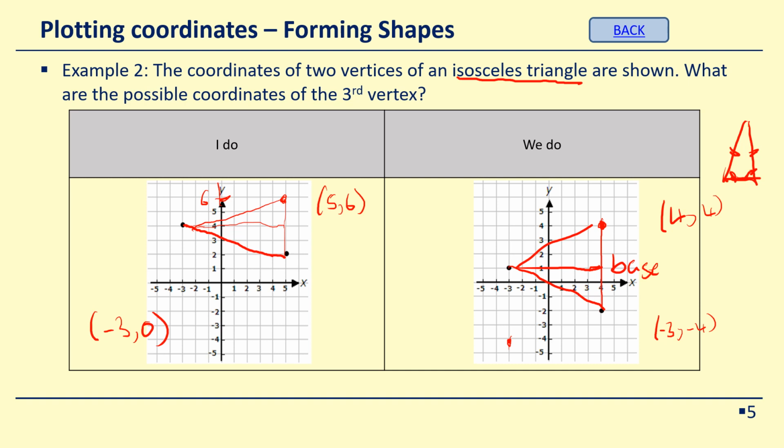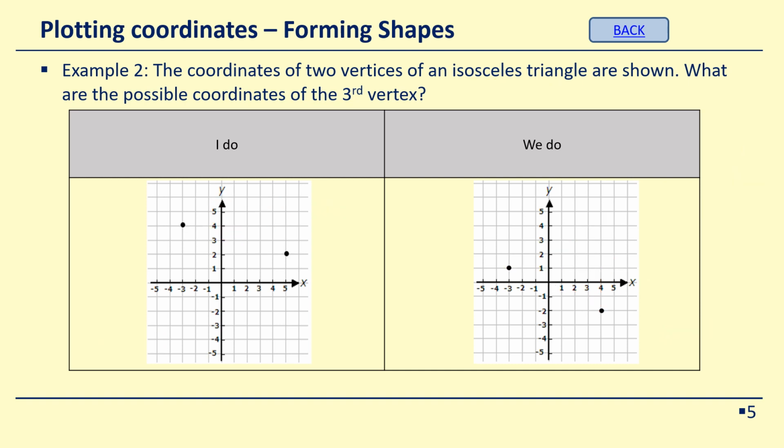So I'll clear that. If I do this line down the middle, 1, 2, 3, 1, 2, 3, I get that. So that was -3, -5.